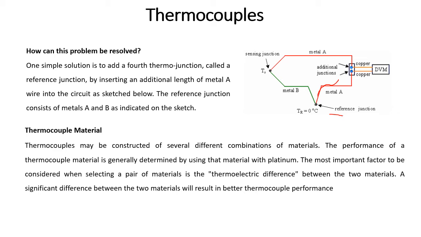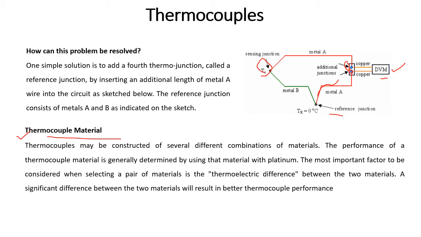So whatever voltage gets produced here gets nullified by the voltage produced here. And this reference junction is kept at 0 degrees. So whatever temperature you are actually getting here is what you are getting on the digital voltmeter. So it gets proportional.